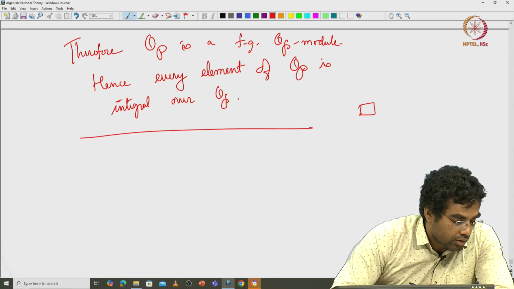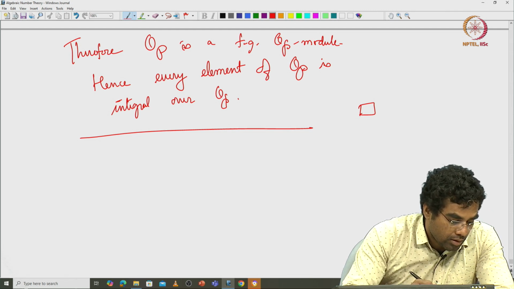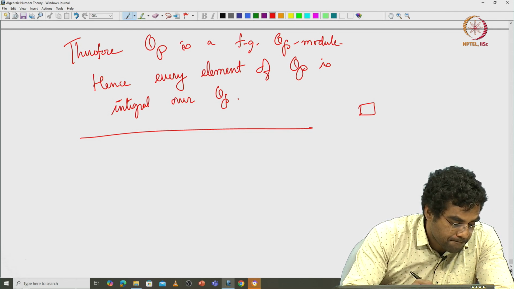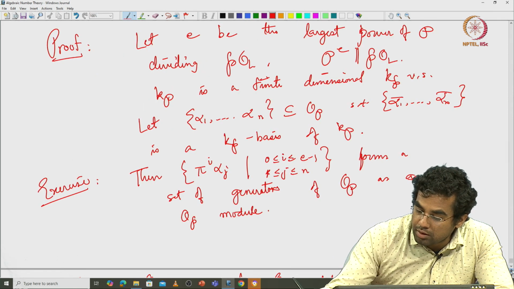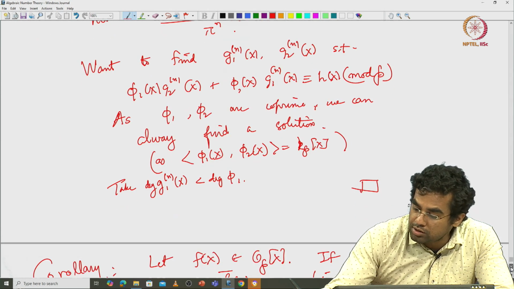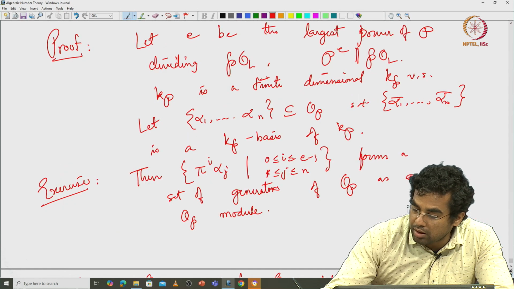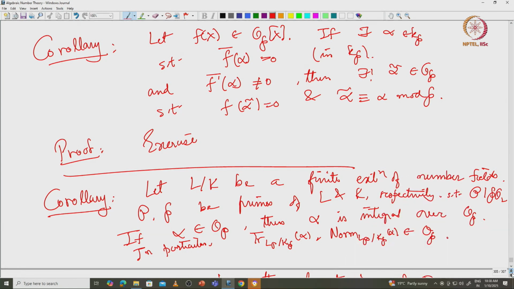So, that is what we wanted to show. The next one, so if you look at this corollary that we had before about finding roots, then there is this condition that f prime, the derivative of f evaluated at alpha, is not equal to 0, and sometimes this condition may not be fulfilled.